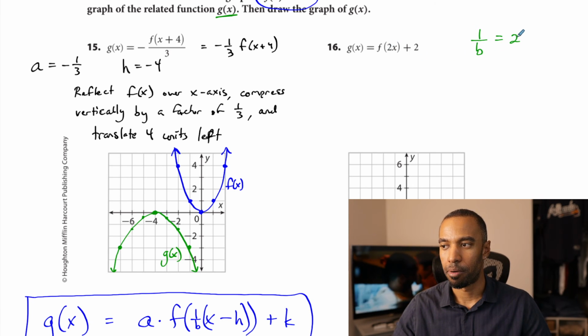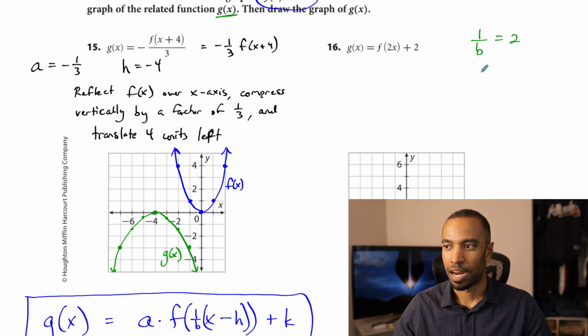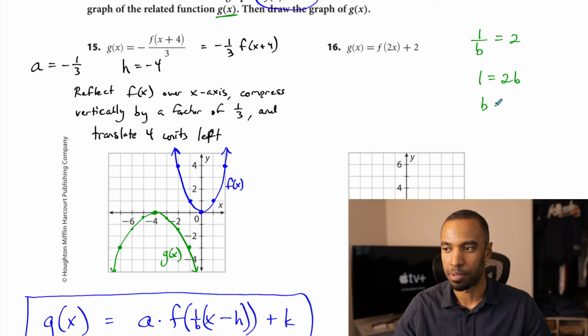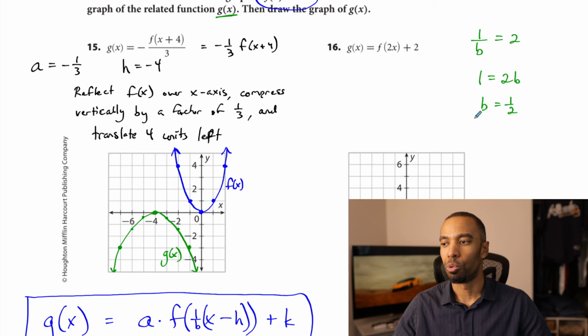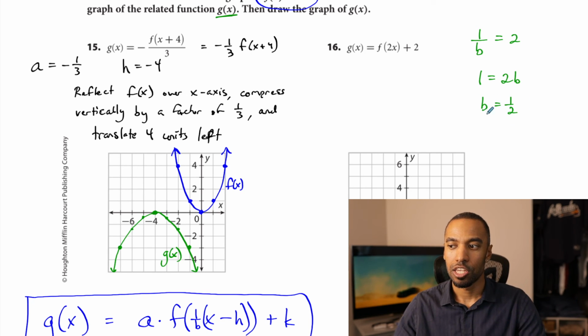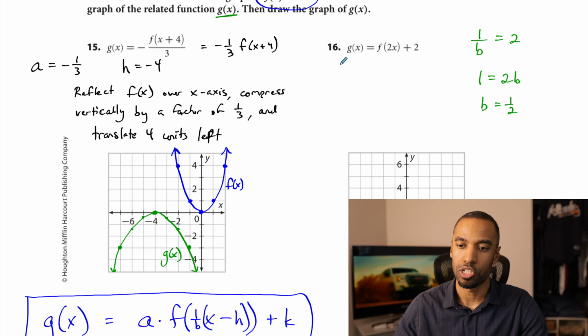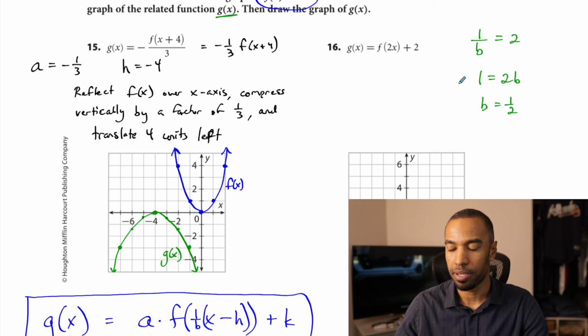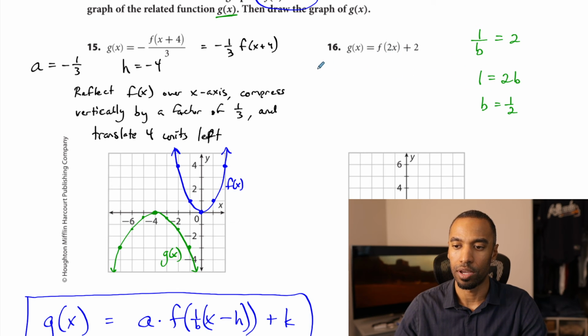If I multiply both sides by b, then I'm going to get 1 equals 2b. If I divide both sides by 2, I'm going to get b is 1/2. So b being 1/2 is part of the explanation of what we're going to be doing here. There's no reflection because b is not negative, but I am going to compress this thing horizontally by a factor of 1/2.